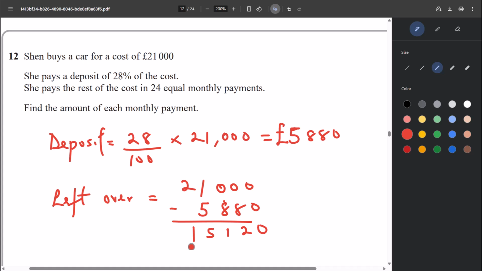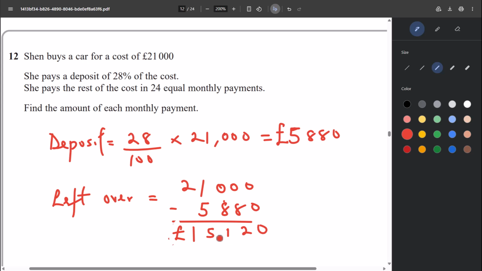Let me be sure. Yeah, definitely, this is the leftover. I think I wrote that in dollars, but I have to write it in pounds.